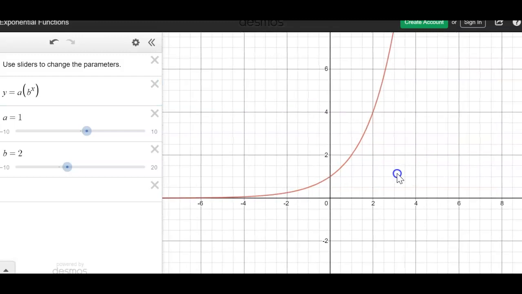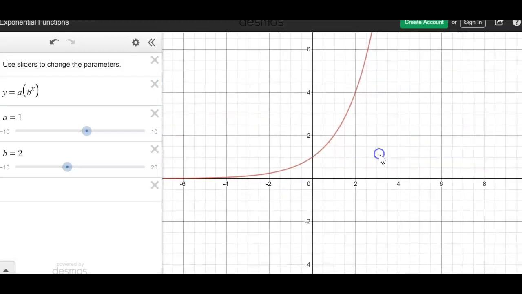So it's a nice tool that lets us visualize. It looks like we expect, right? It has our y-intercept at the value of a. Like all exponential functions that have a positive y-intercept and a ratio greater than 1, it grows very, very quickly as values of x increase, right?